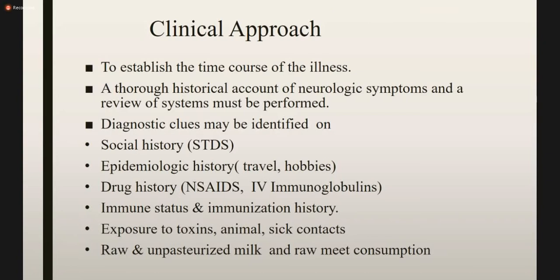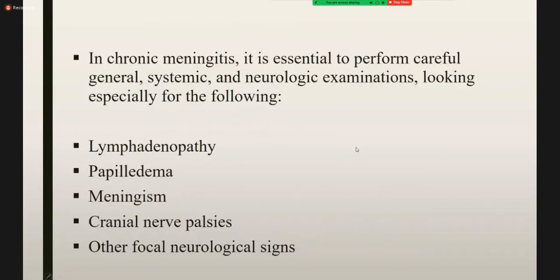In families, whether they are treated or not treated, there are chances of development of disease, as we know tuberculosis is a contagious disease, so family members can also be affected by contact. Raw and unpasteurized milk and raw meat consumption is also associated with certain infections, for example listeria and brucellosis. So these can be a source of infection.